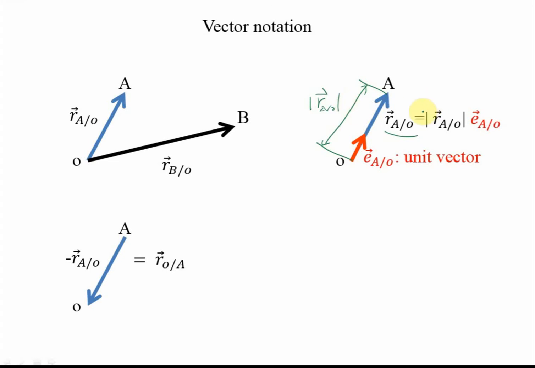However, this magnitude itself is a scalar. Since the left side is a vector, we have to multiply by the unit vector. So it has a scalar and a direction to become a vector.